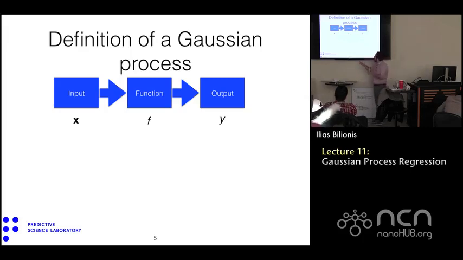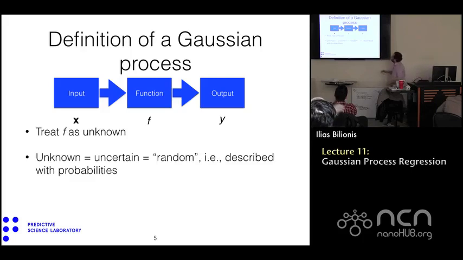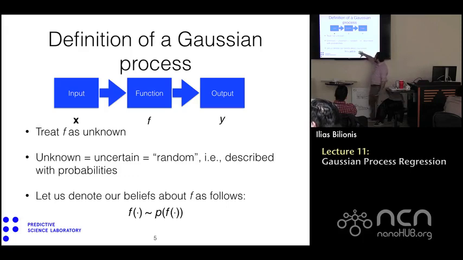It's a function that you don't know, and we're going to use Gaussian processes to treat f as unknown and put a probability density on the space of functions. So the Gaussian process basically allowed us to introduce the idea of a probability measure on a function space.